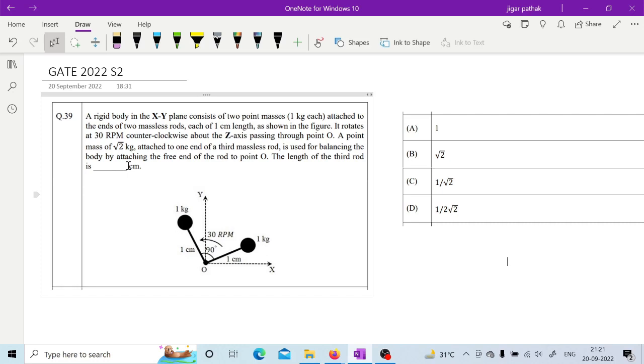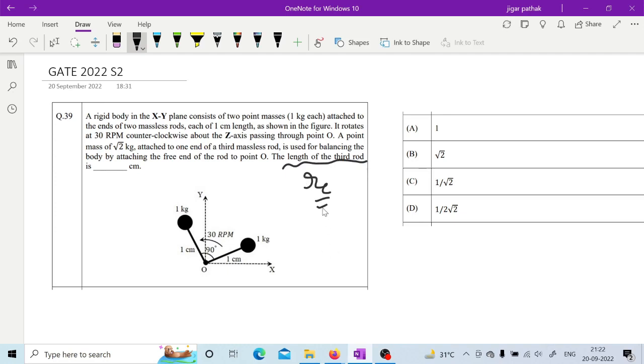Now it rotates at 30 rpm counterclockwise about the z-axis passing through point O. Now a point mass of root 2 kg attached to one end of a third massless rod is used for balancing the body by attaching the free end of the rod to point O. Now the length of the third rod is. So what you are asked is the balancing radius. Sir, balancing radius you are asking. The length of the third rod.